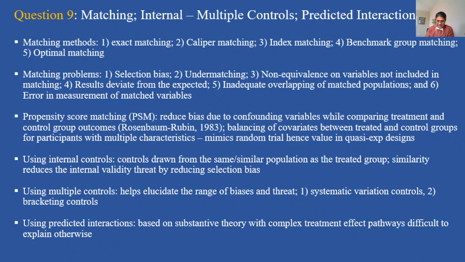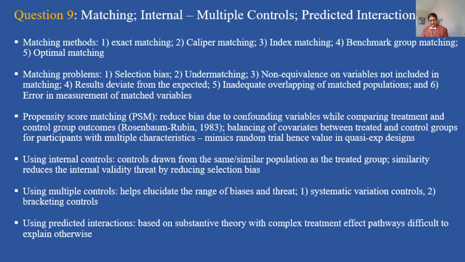So PSM, to explain in other words, gives us the probability that a unit with certain characteristics will be assigned to a treatment group as against a control group. Such scores, like PSM, can be used to reduce or eliminate the selection bias by balancing covariates between the treated and the control groups.